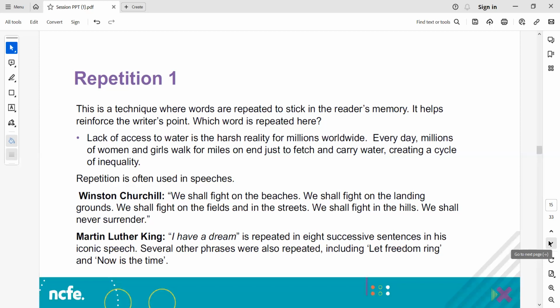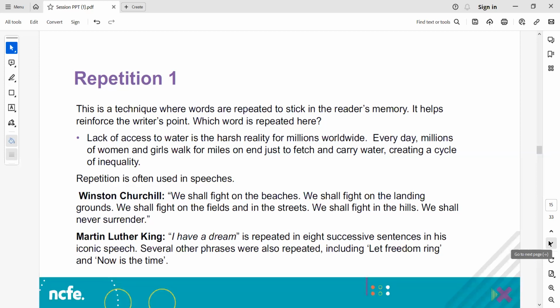We shall fight on the landing grounds. We shall fight on the fields and in the streets. We shall fight in the hills. We shall never surrender. So that repetition of we shall fight has a big impact on that speech. And also then he finishes by starting with we shall, but he changes it to we shall never surrender.